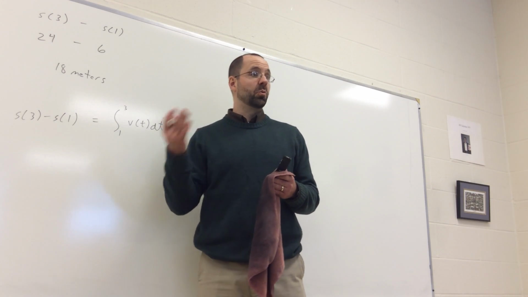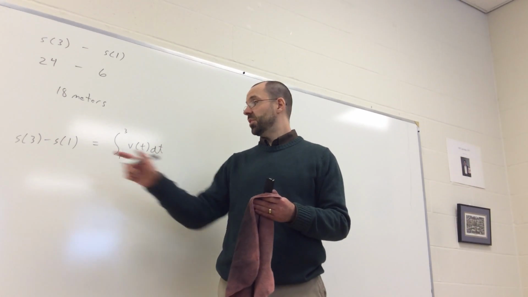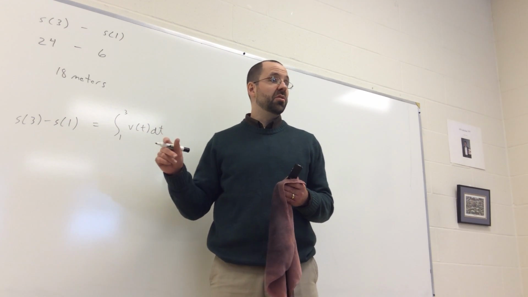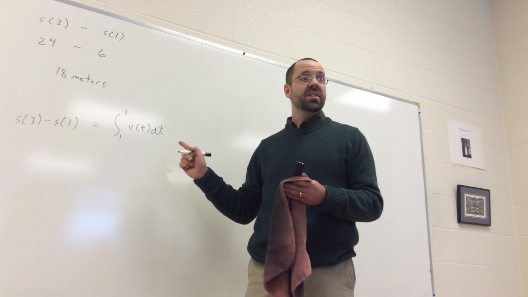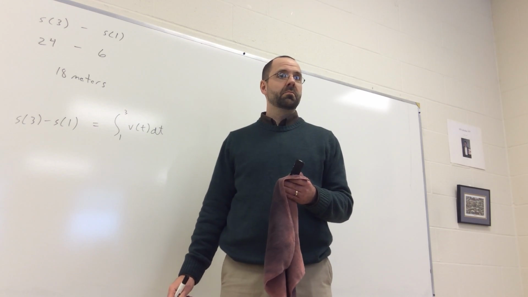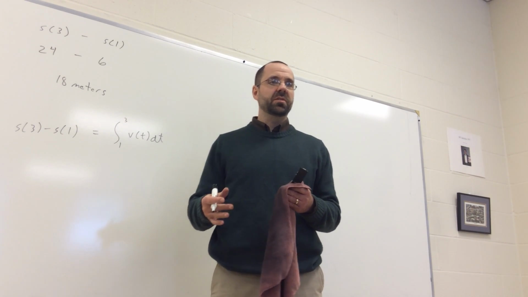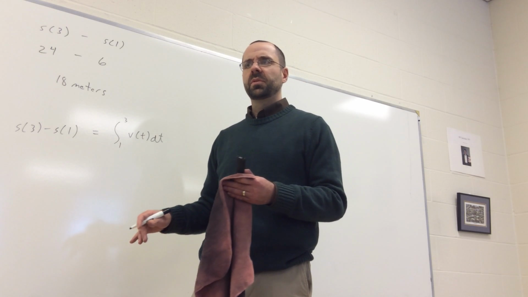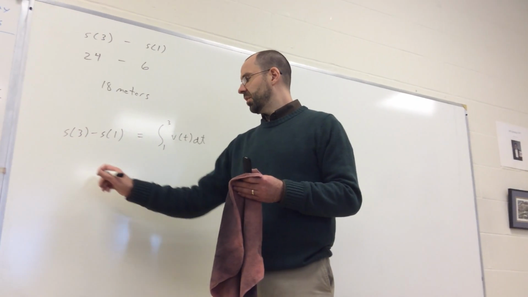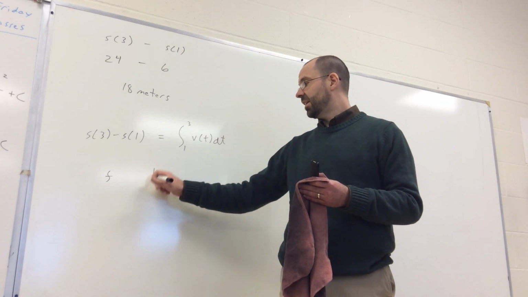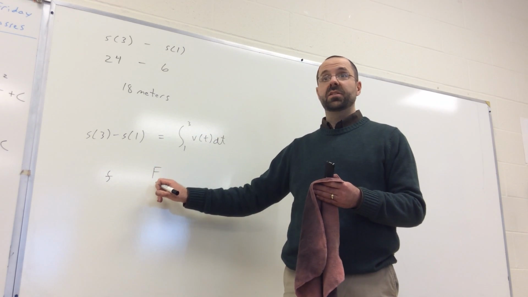Now we know that the derivative of position, the derivative of s, is velocity. And we also know that the antiderivative of velocity is position. Okay, now, back in the Fundamental Theorem, it's been a few days, but we had little f represent the function, and then we had capital F represent the antiderivative.